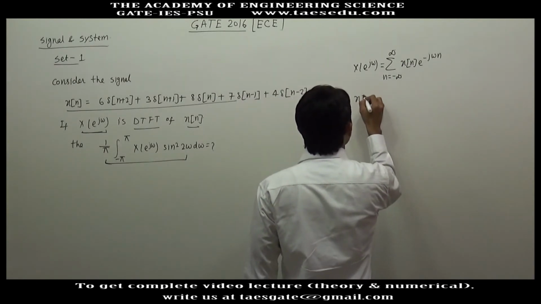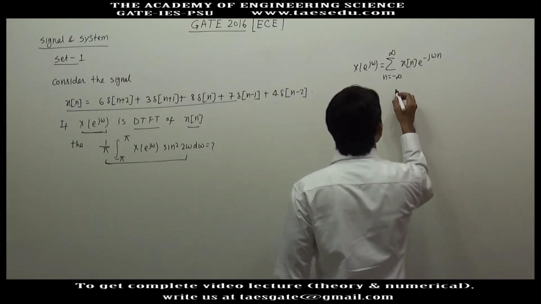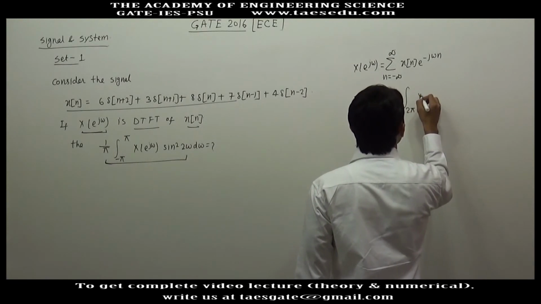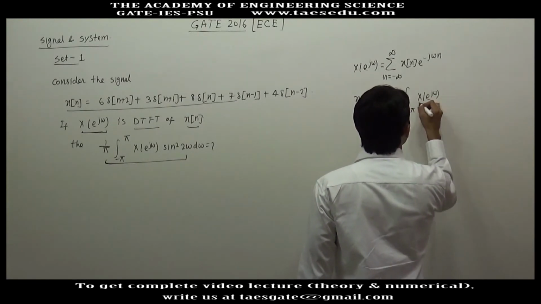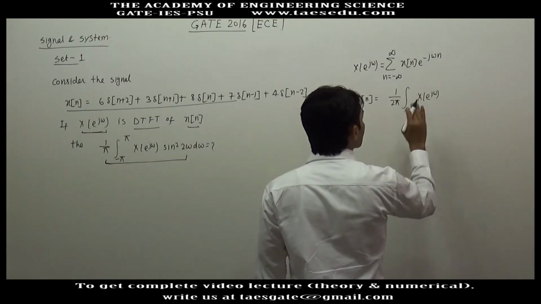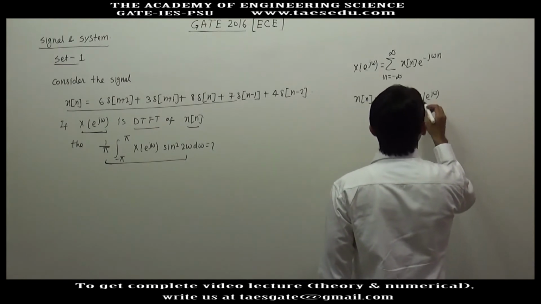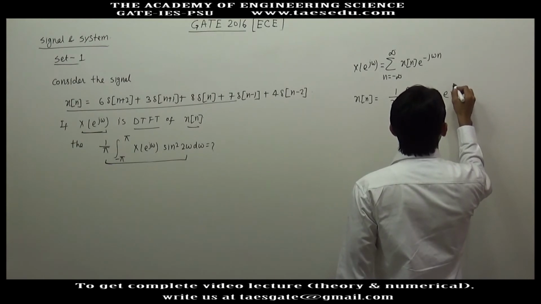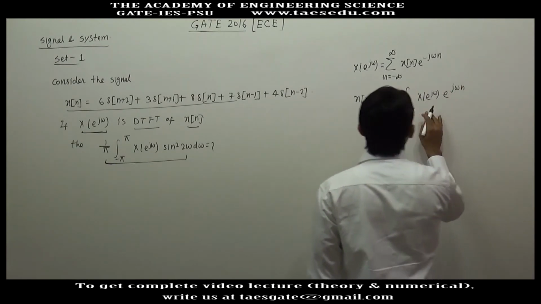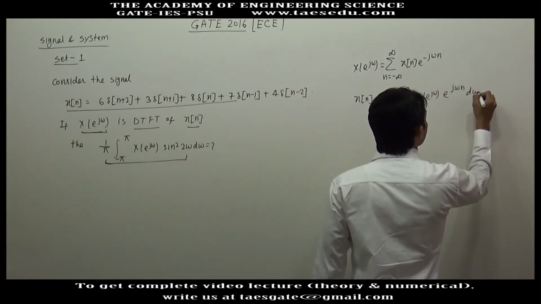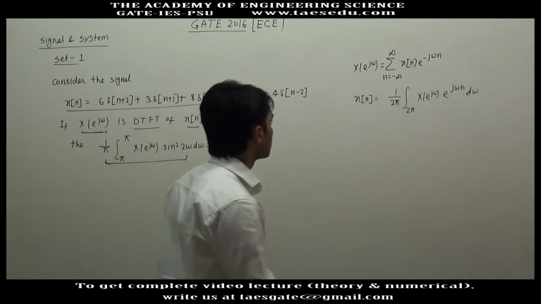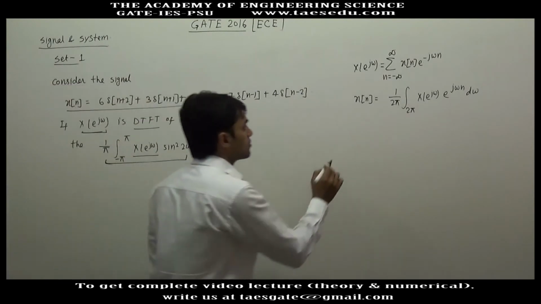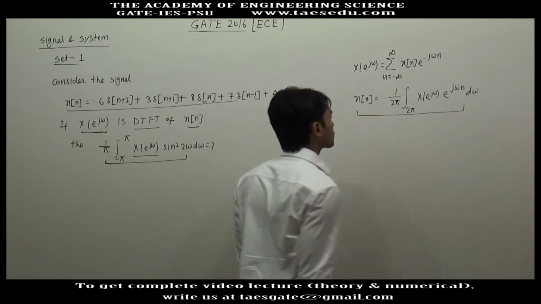And x[n] is 1 upon 2π integration over 2π, since DTFT is periodic with 2π, then we will have e to power jωn dω. So you have to find out the integration in terms of X(e^jω). So we will use this formula.